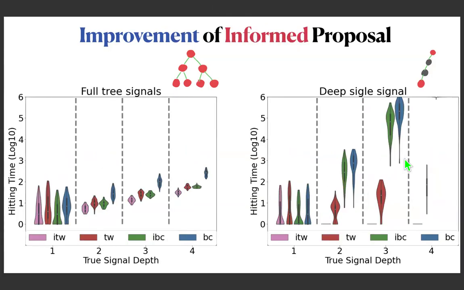Now let us check how much improvement an informed version can bring. This is the Twiggy algorithm and the pink is informed Twiggy, and this is the Bayesian CART algorithm, and the green is informed Bayesian CART. What we can see is that for each algorithm, either Bayesian CART or Twiggy, the informed variation brings an improvement. But when it comes to the deep isolated signal, the improvement looks different.